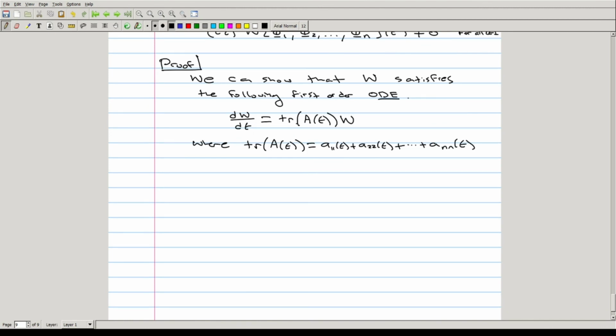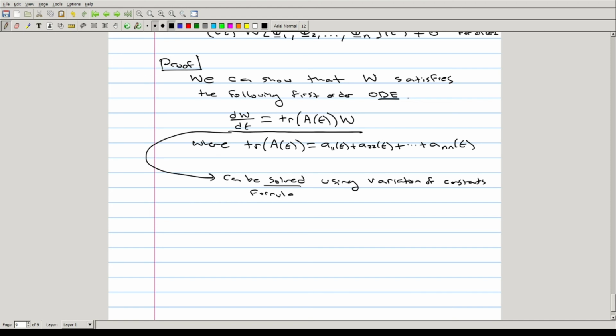And what's so nice about this is that this is a single first order ordinary differential equation that can be solved using the variation of constants formula that we talked about before for single first order ODEs.